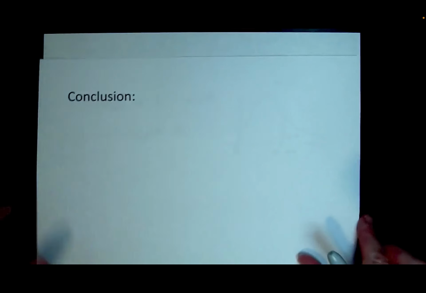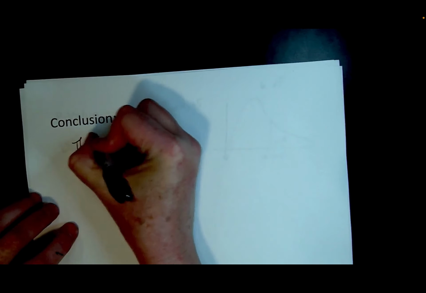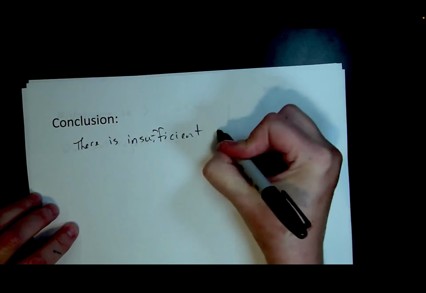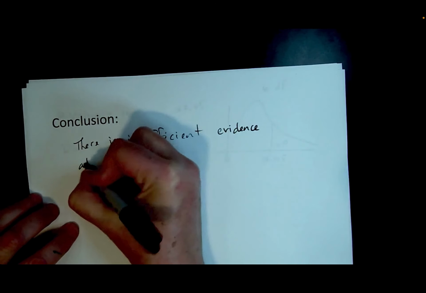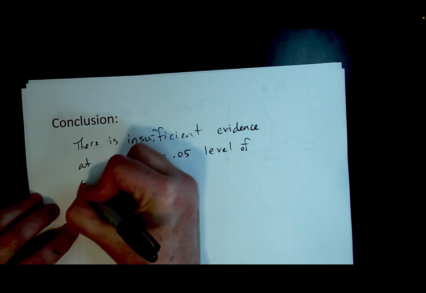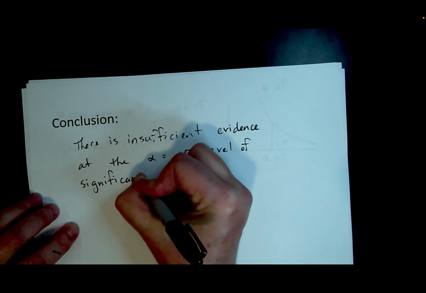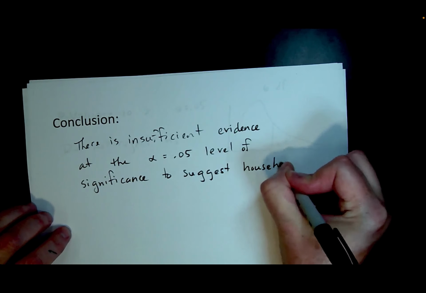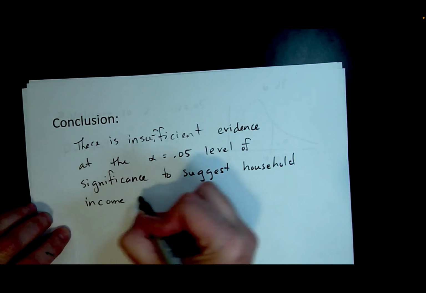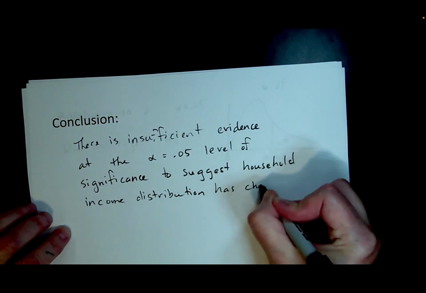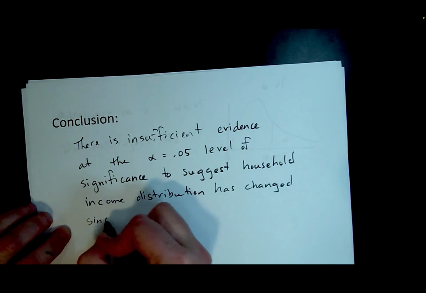Of course, the way we state our conclusion is we say there is insufficient evidence at the alpha equals 0.05 level of significance to suggest household income distribution has changed since the year 2000.